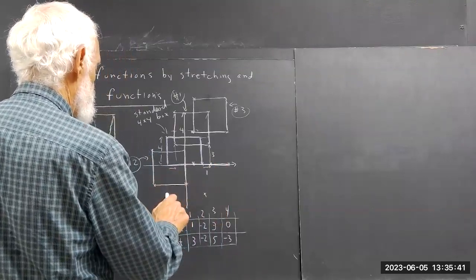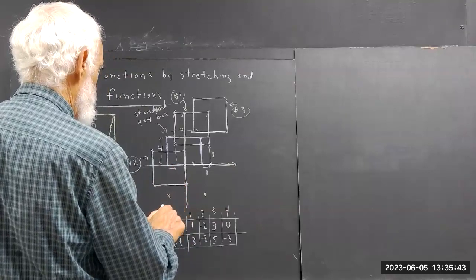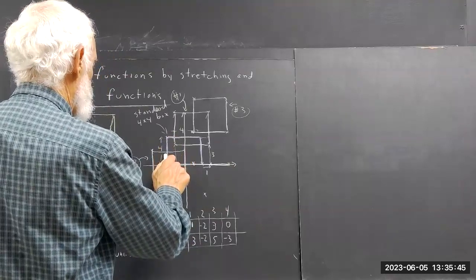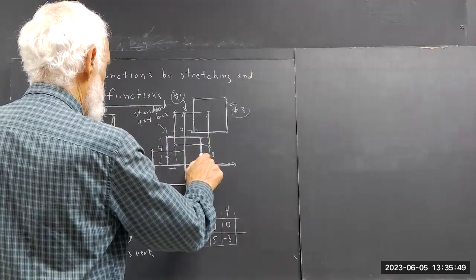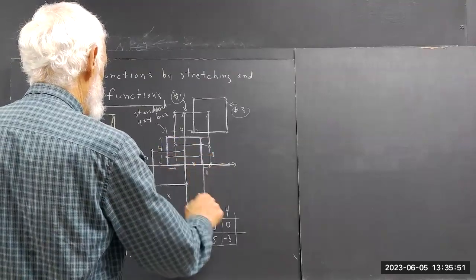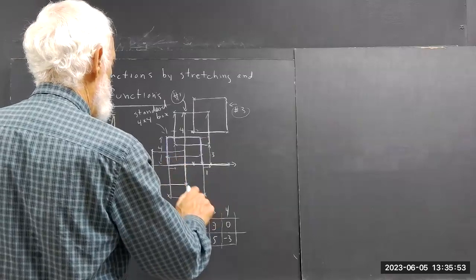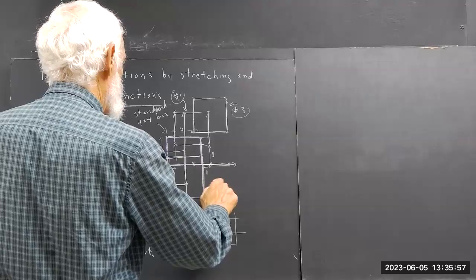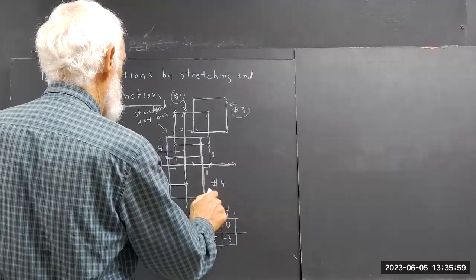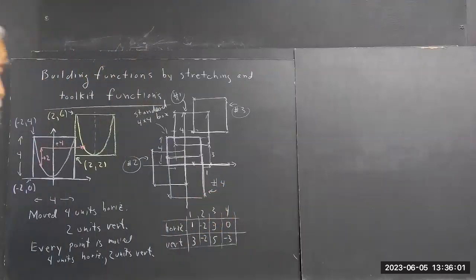This corner will also move 3 units downward, which will put it here. This corner will move 3 units downward, which will put it about here. This corner 3 units downward, which puts it back in. There would be number 4.